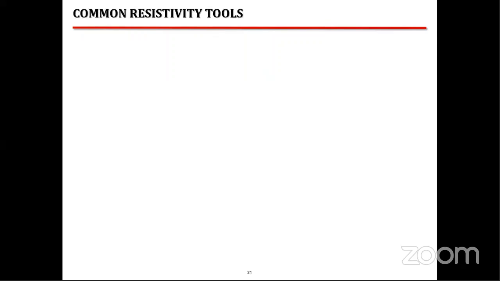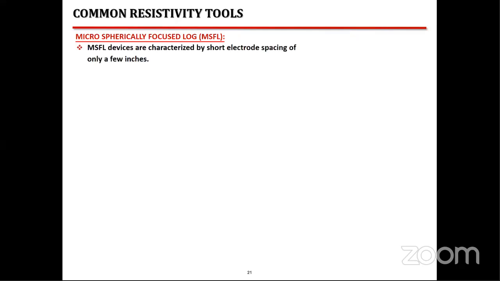Some common resistivity tools, based on their depths of investigation, are MSFL, that is microspherically focused logs, for shallow depths of investigation, and lateral logs, that is LLS and LLD, for medium and deep resistivity measurements. MSFL devices are characterized by short electrode spacing of only a few inches.